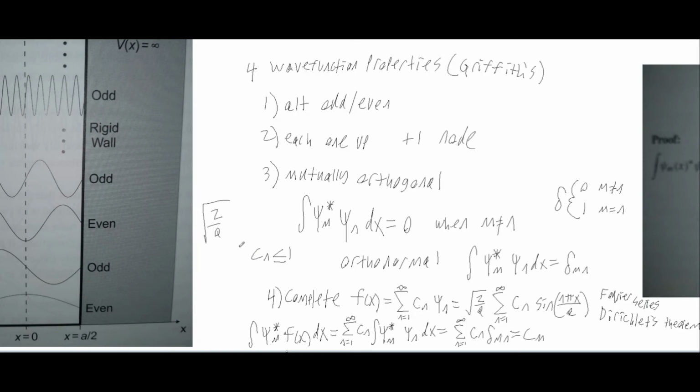So, I should point out what these constants are. If you square it, it's the probability. If it's just without squaring it, then it's the probability amplitude.